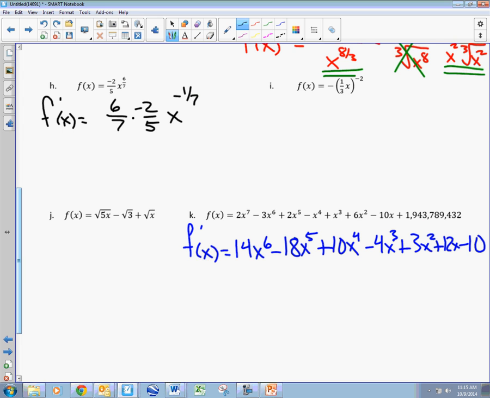So I have 6 times negative 2 is negative 12. 7 times 5 is 35. And the x to the negative 1/7, will that go in the numerator or the denominator? Denominator. X to the 1/7, or you could write 7th root. So you could write negative 12 over 35, 7th root of x, because you cannot take out the perfect 7th power.